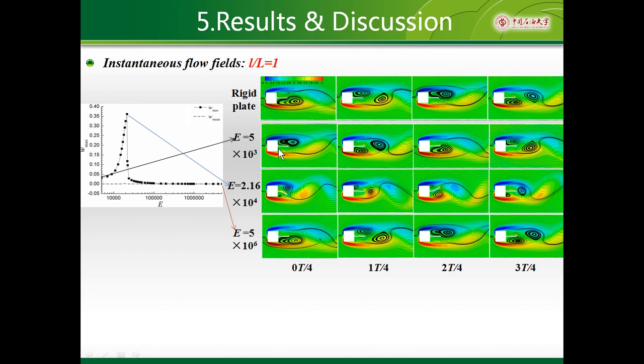Out of the lock-in region, the response of the flexible plate is very weak. Therefore, the flow field around the cylinder with a flexible plate is similar to that with a rigid plate.